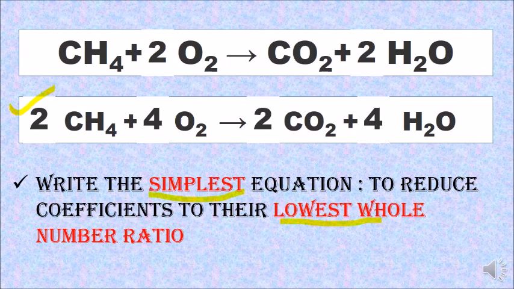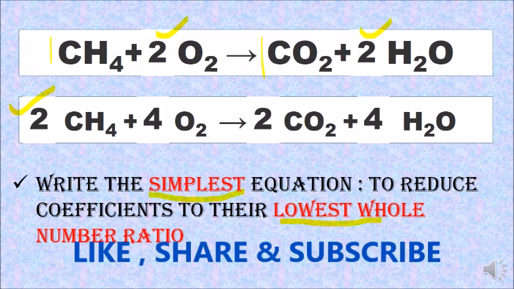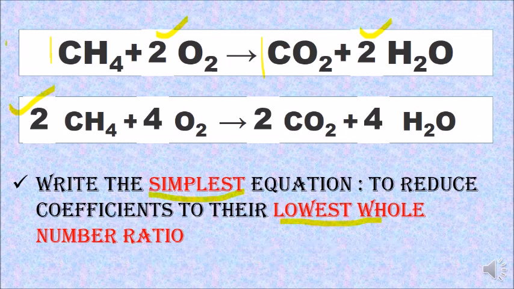Here, as you can see, in the first reaction, the ratio of the coefficients is 1:2:1:2. But as you double it, the ratio becomes 2:4:2:4, which is not the simplest whole number ratio, isn't it? It can be further reduced to 1:2:1:2. So, the correct balanced equation will be the first one.